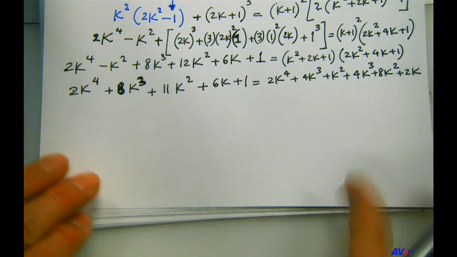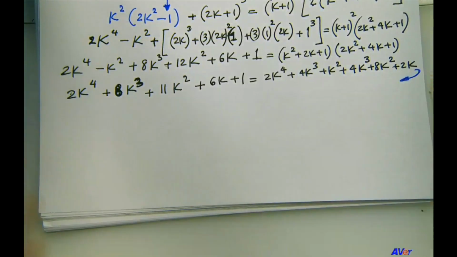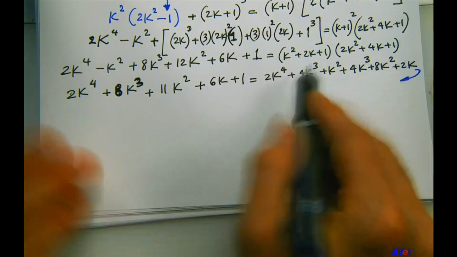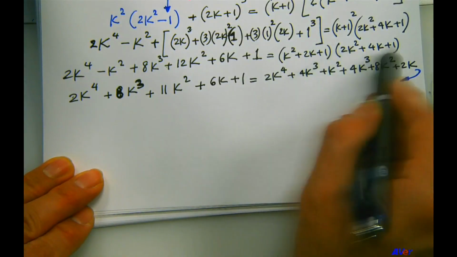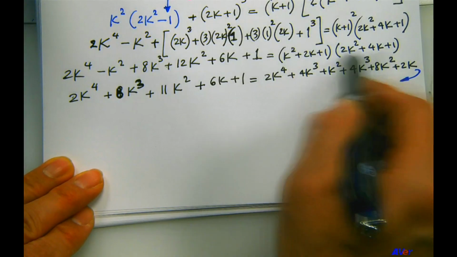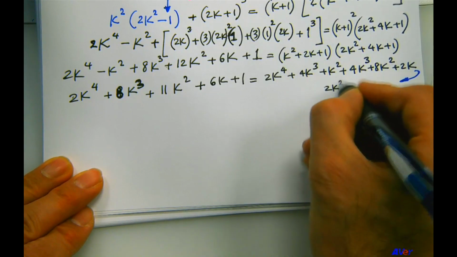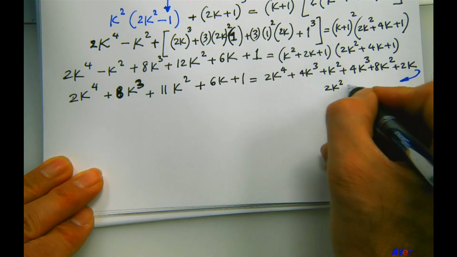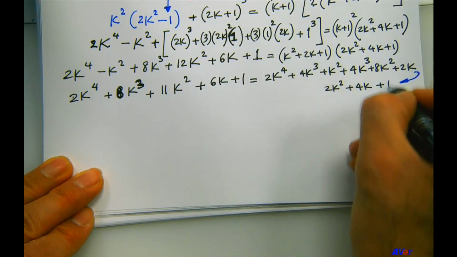So hopefully it's not too confusing if I come down here. Now all I'm doing is distributing this 1 into the second parentheses. We get all the three terms back, right? 1 times 2k squared is 2k squared. 1 times 4k is plus 4k. 1 times 1 is plus 1.